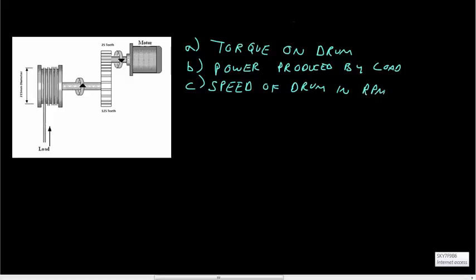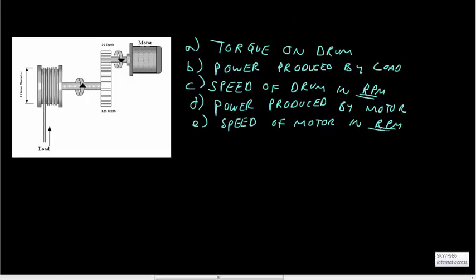Quite important that, because any answer we get will be in radians per second, so we need to convert that to RPM. When it says the speed of the drum, this is the drum here, this is the winch motor. Fourth part, power produced by the motor, and finally the speed of the motor in RPM. Again, we need to make sure we convert our units at the end to get the answer in RPM.